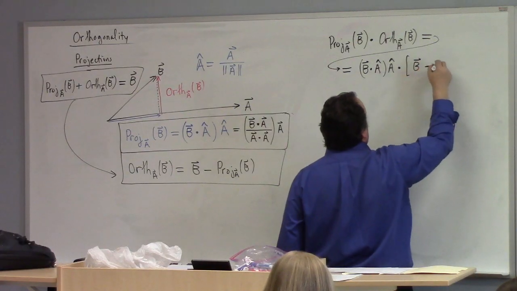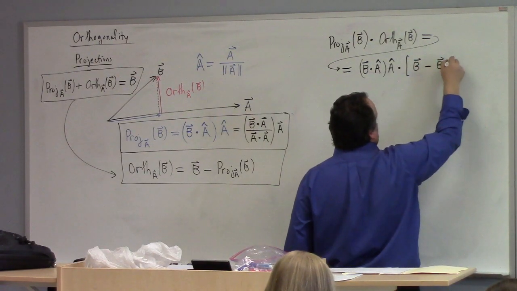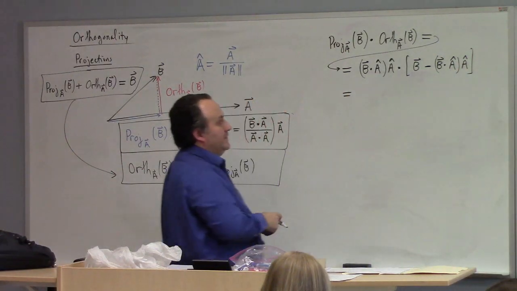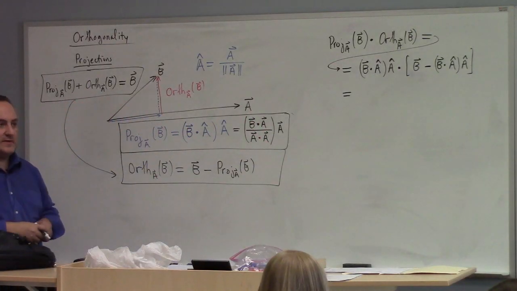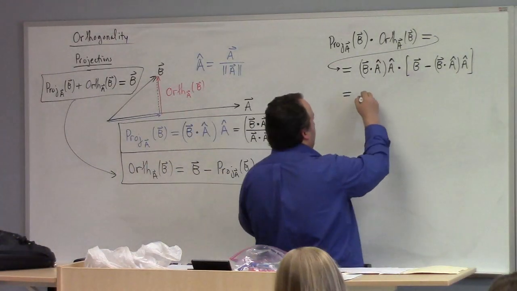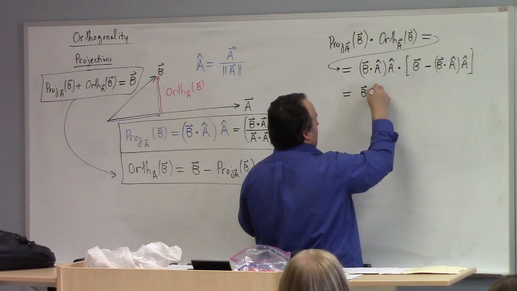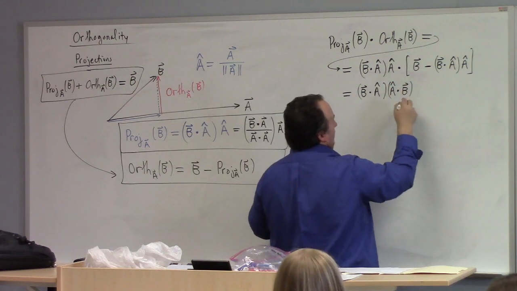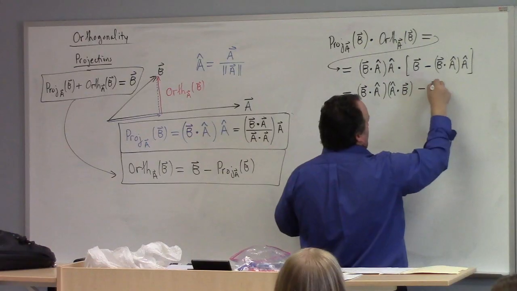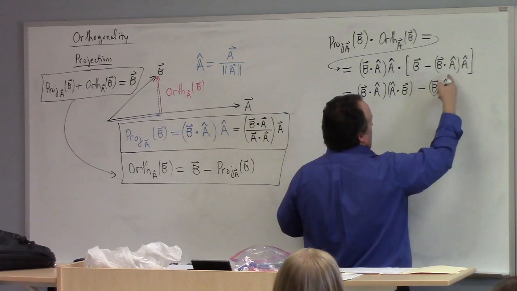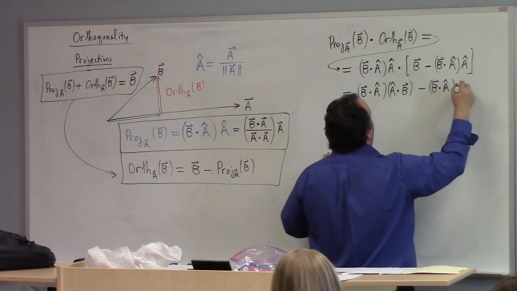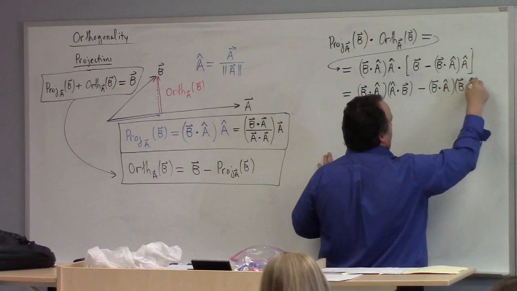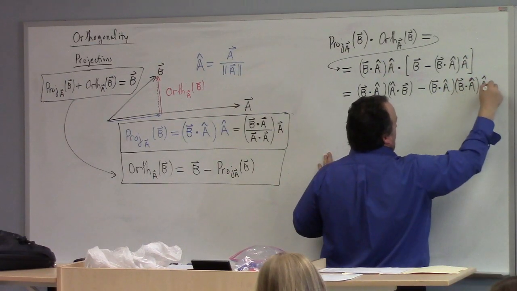B minus B dot A hat, A hat. That's the projection dot the orthogonal projection. Now, properties of dot product give us that this is B dot A hat times A hat dot B minus, well, I'm going to factor out the dot product here, B dot A hat, pull that out, and then we've got, well, two of these B dot A hats, don't we? And then we're left with A hat dot A hat.